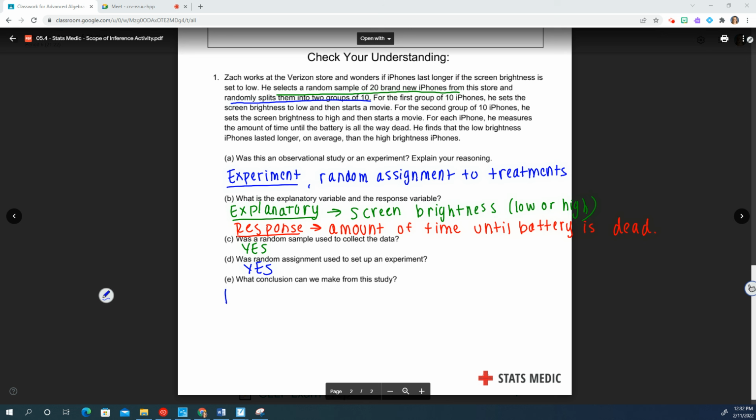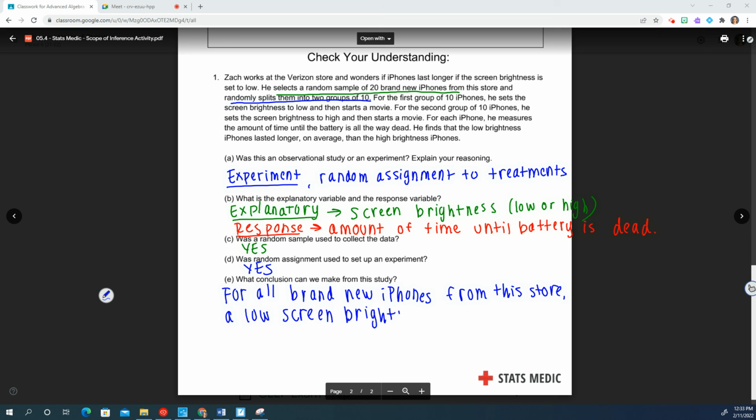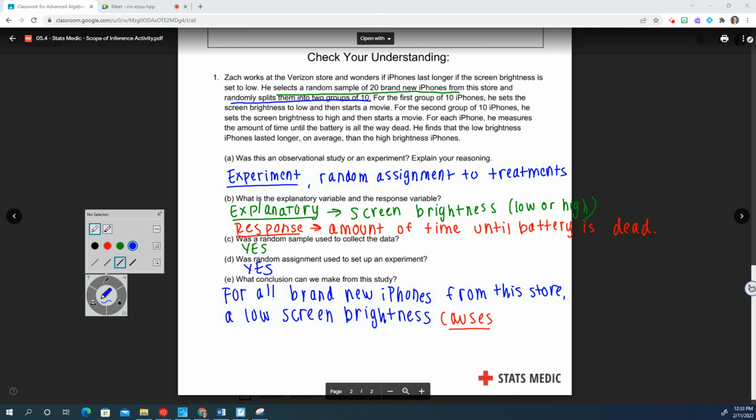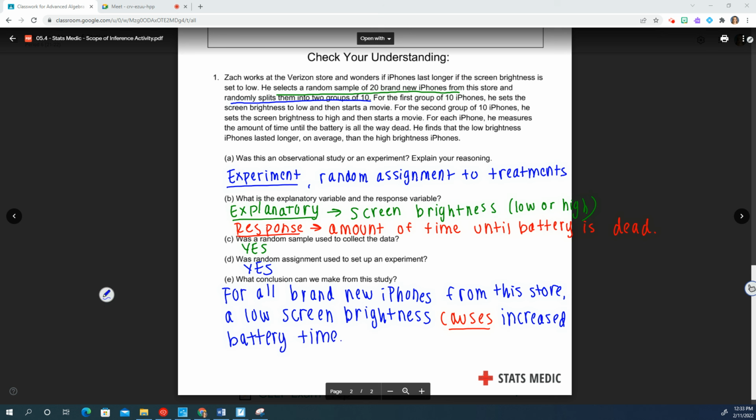So we can say for all brand new iPhones from the store, that's our population, a low screen brightness causes increased battery time, or battery life. All right, that's a wrap on 1.4.